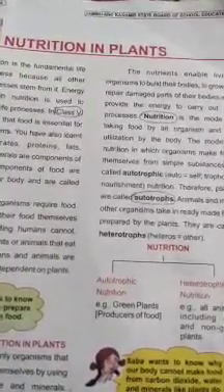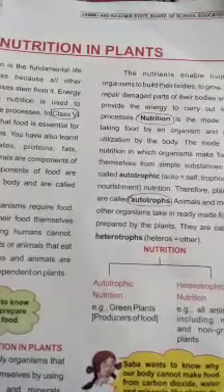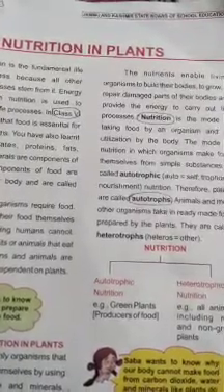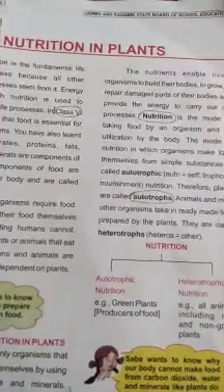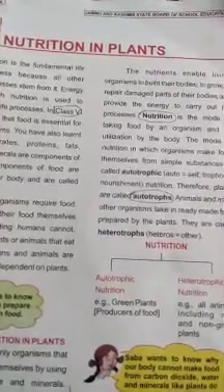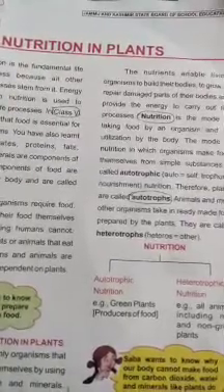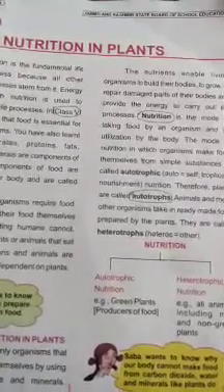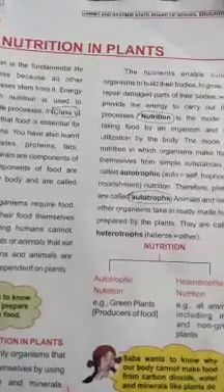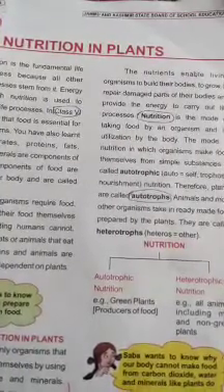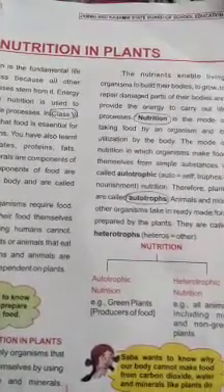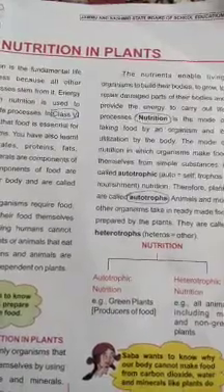And heterotrophs are the organisms which cannot manufacture their own food by themselves. They depend for their food on these autotrophs, and the nutrition which takes place in these heterotrophs is called heterotrophic nutrition.